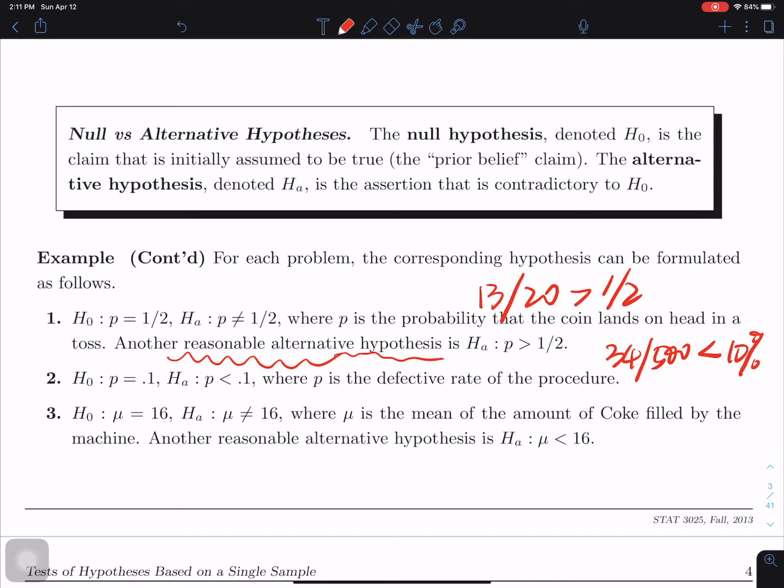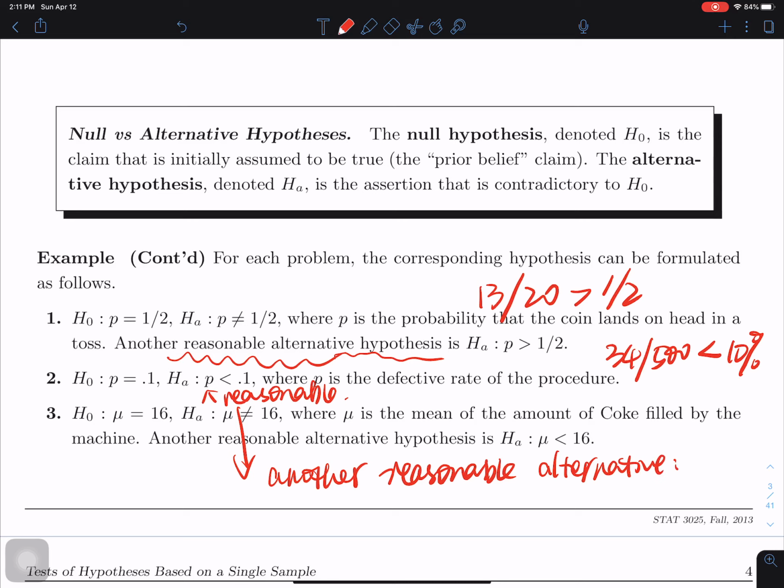So that is why a reasonable null hypothesis should be that the probability of defective rate is less than 0.1. Another reasonable alternative hypothesis could be that the probability is not equal to 0.1.